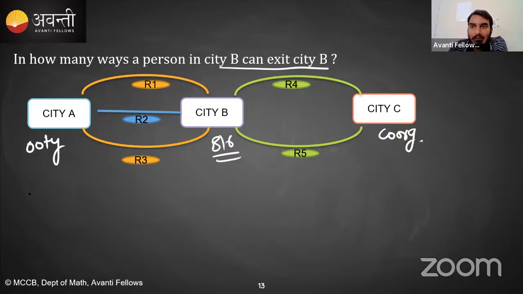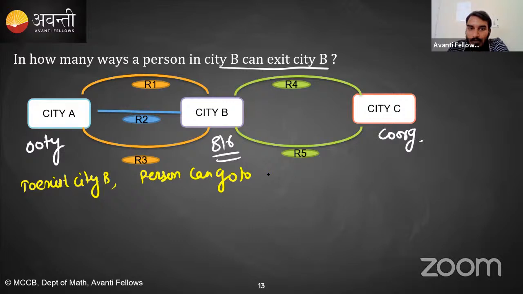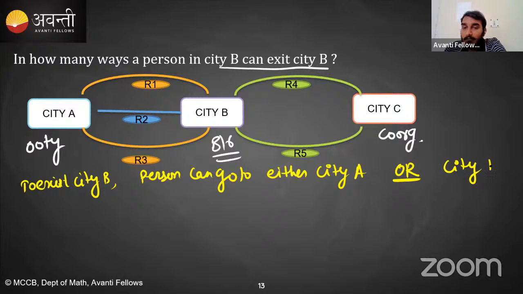So to exit city B, that person can go to either city A or city C. Is this clear? I'm emphasizing on the word or.